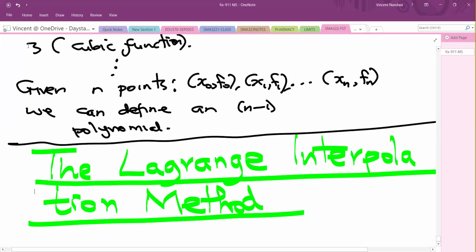And it should be noted that the methods we discussed under unequally spaced mesh points can as well be applied for equally spaced mesh points, but the reverse is not true.